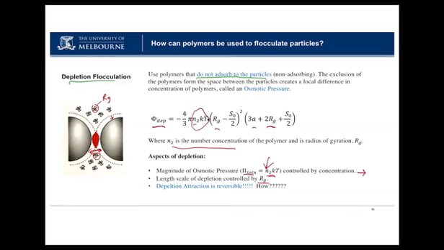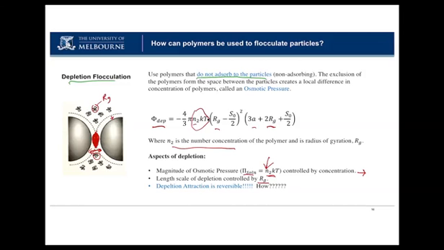Now, this attraction occurs because you've added polymer, and it is actually reversible. If you cause particles to stick together by adding polymer, and then you dilute the solution, filter it, or break down the polymer with an enzyme, a photoreaction, or an oxidizer and reduce the polymer concentration, you will reduce the depletion interaction and the particles could actually pull apart.